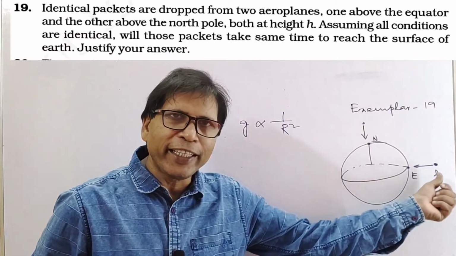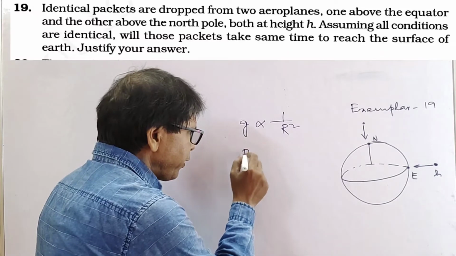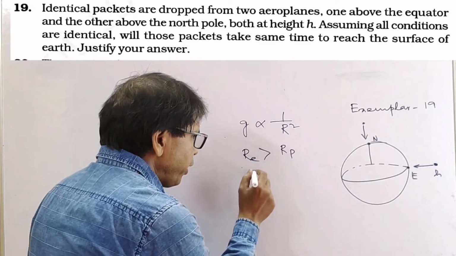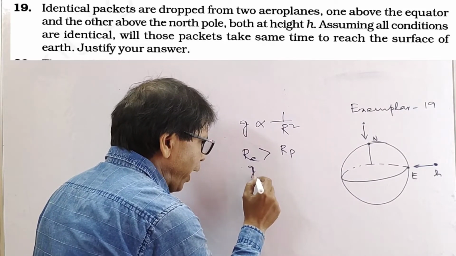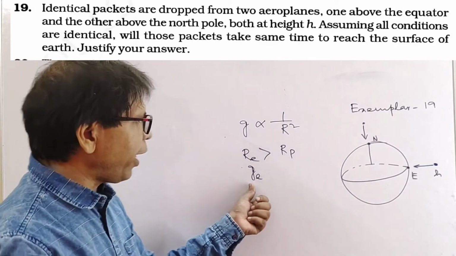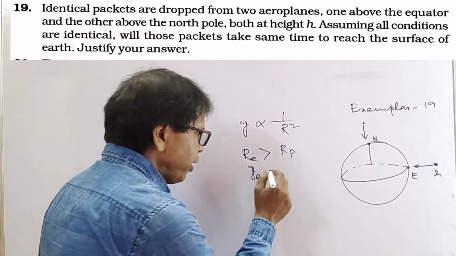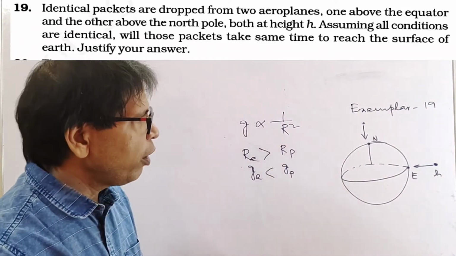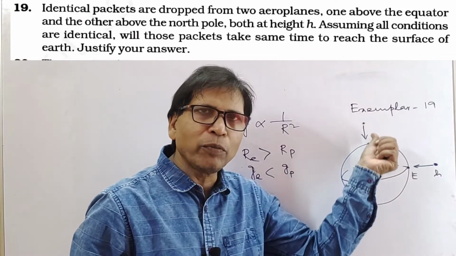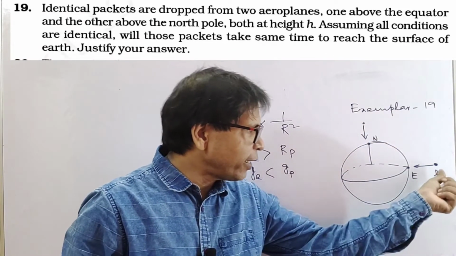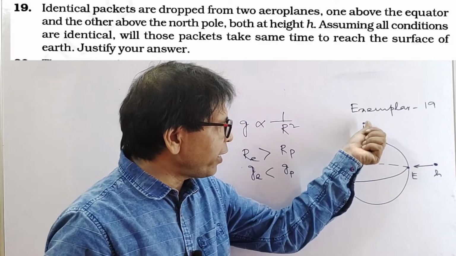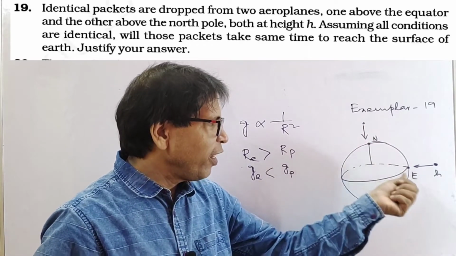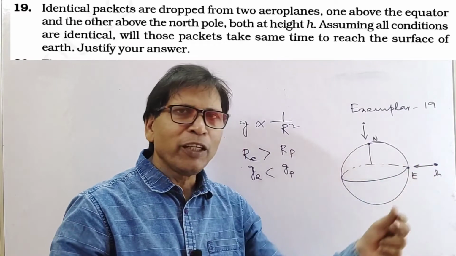The equatorial radius is more than the polar radius. Therefore, acceleration due to gravity at the equator is less than acceleration due to gravity at the pole. Look at this, here acceleration is more, here acceleration is less. So the packet at the North Pole takes less time to reach, and the one at the equator takes more time to reach.